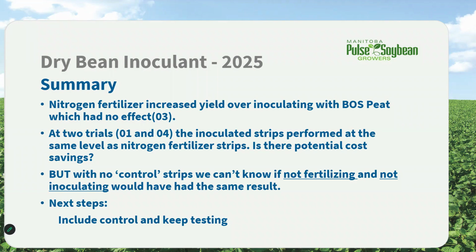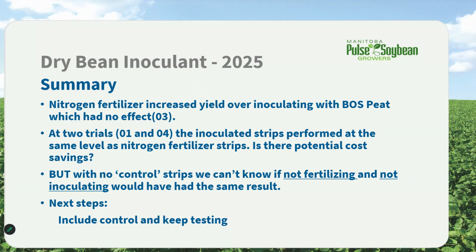Without a control treatment of no nitrogen and no inoculation, we simply can't know for sure if the inoculation is performing well. We do know that beans respond to nitrogen fertilizer, but we have also seen that adding little or no nitrogen can also provide a good yield.